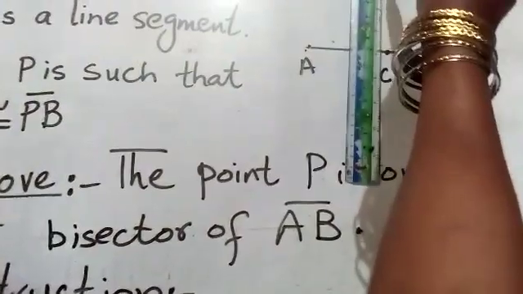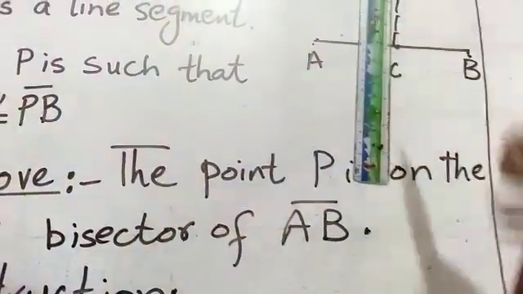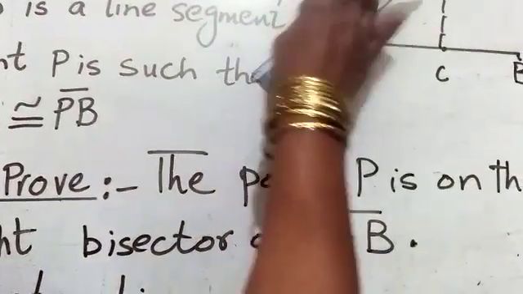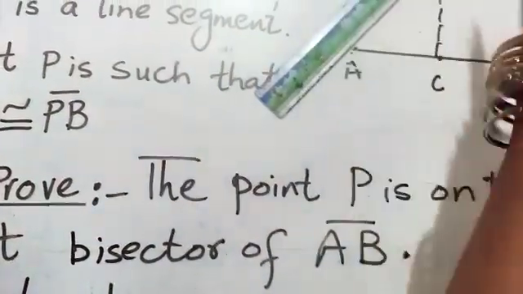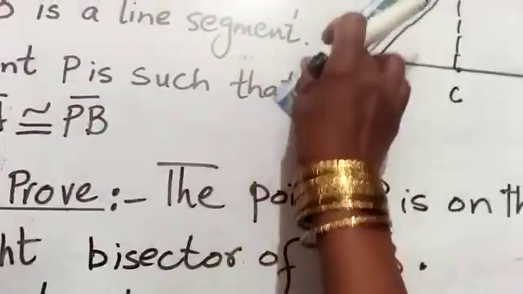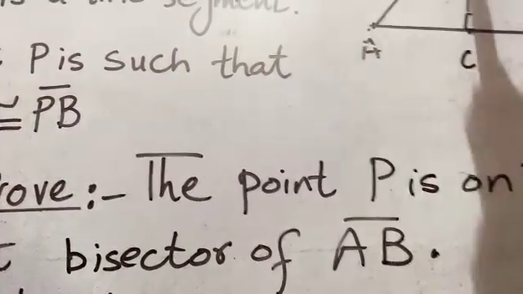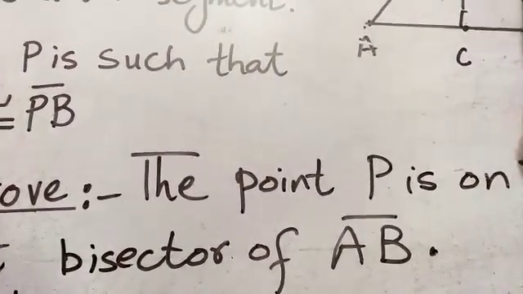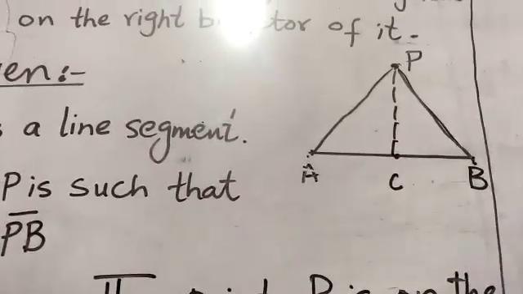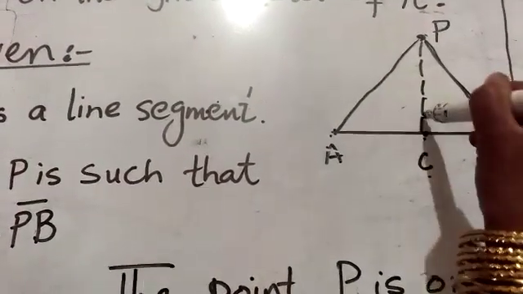With the help of a scale, we will join by constructing a line P to C, and then we'll draw a line from P to A like this and P to B. So two triangles will be formed, PAC and PCB.